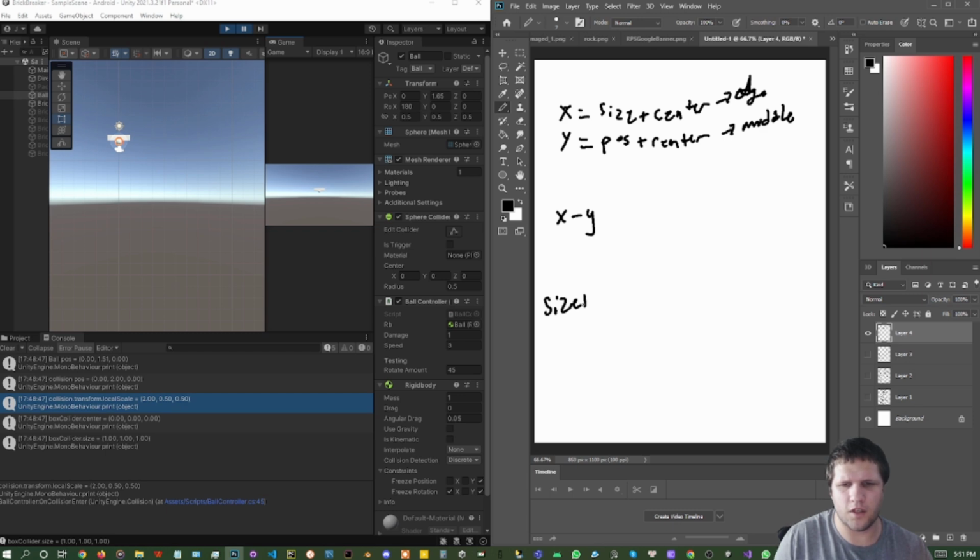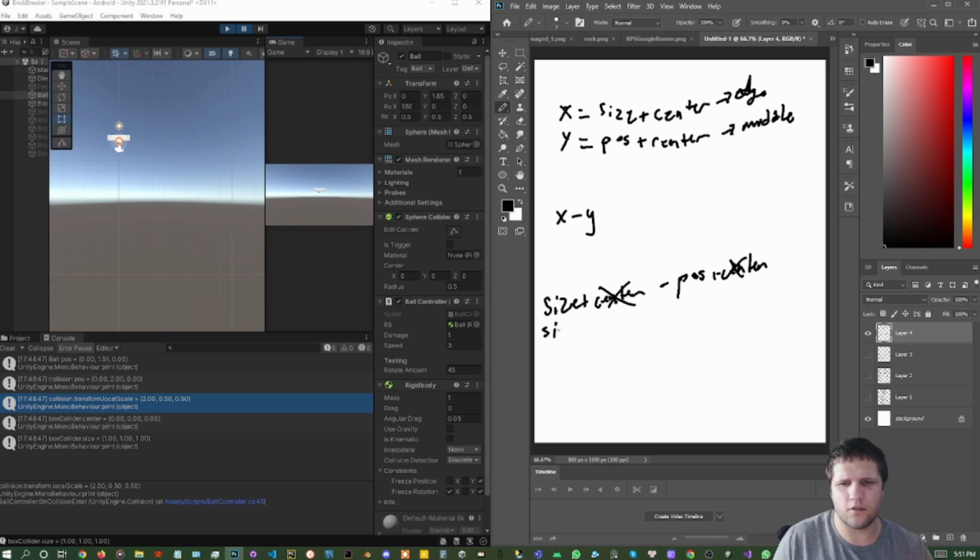Which is pretty much saying size plus center minus position plus center, and we have center minus center, so we can cross that out.